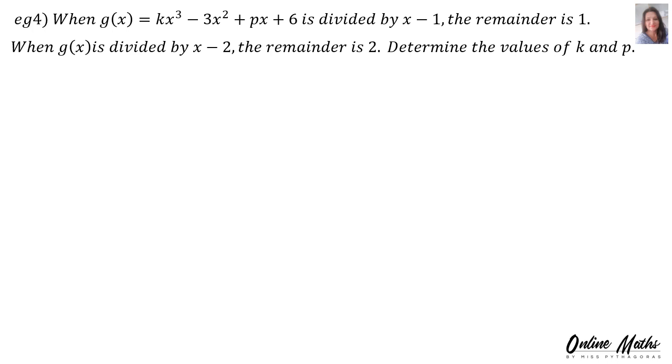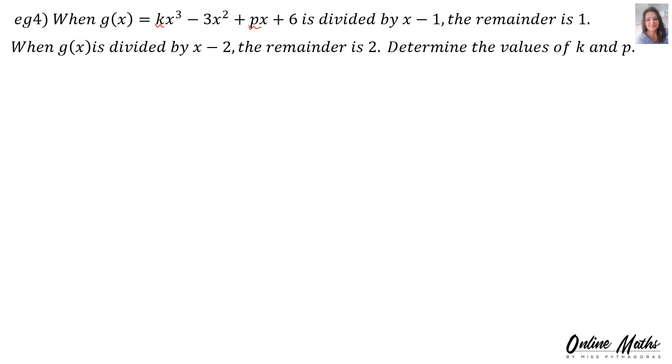Now here in example 4, your knowledge of simultaneous equations will come in handy. The question says when g of x, and then I give you g of x, is equal to, and have a look here, kx to the 3 minus 3x squared plus px plus 6. Can you see suddenly there's two variables other than x?